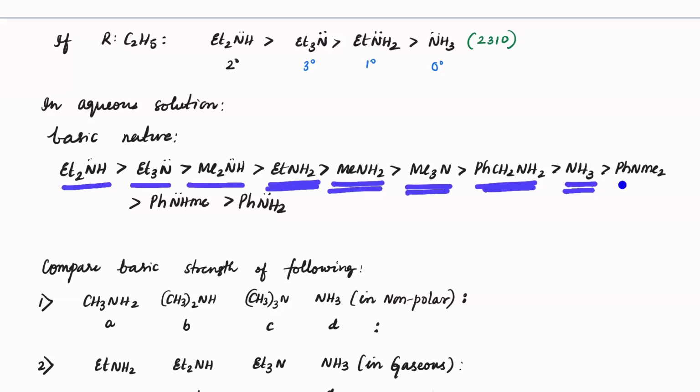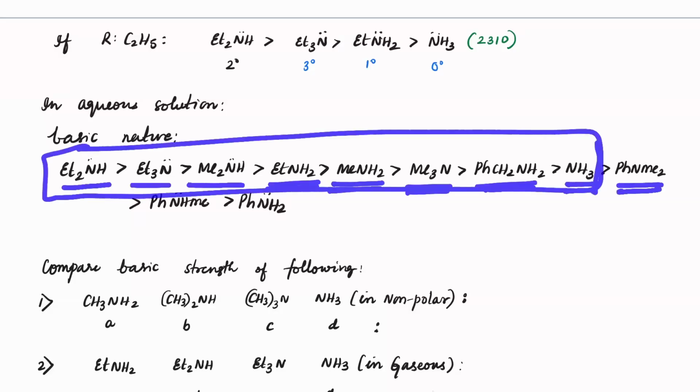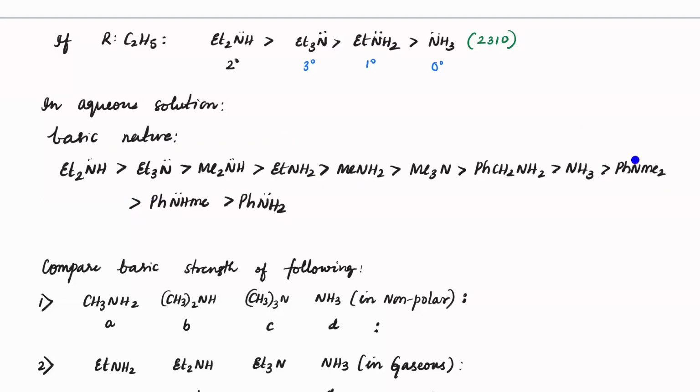Up to ammonia, have you noticed everything is localized electrons? Thereafter, delocalization starts. Nitrogen is delocalized with benzene. Here it is delocalized, and here also it is delocalized. While it is delocalized, it has two plus I groups. Here it has one plus I group. Here there is no plus I group. So this is the order we must remember, everybody, and this order is valid for aqueous solution only. All okay?